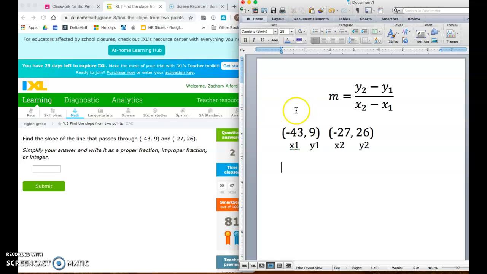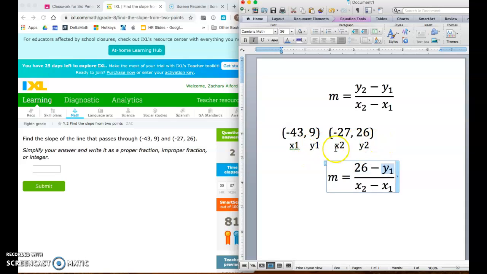Label that as y2. Same as always, we take these numbers and put them into our formula. y2 is 26. y1 is 9. x2 is negative 27. And x1, I'm glad that this x1 is a negative value.